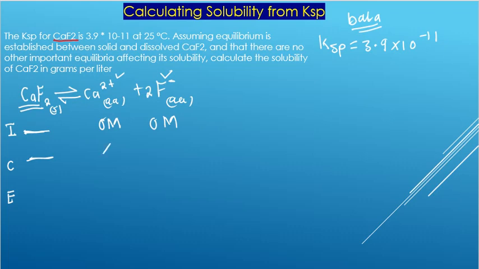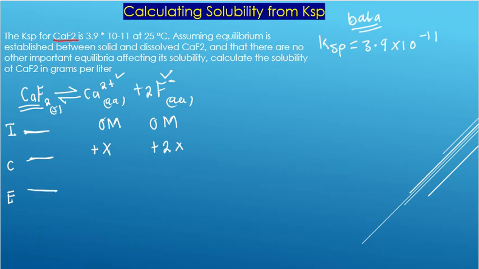Therefore, we say x. And of course, you don't forget to put your positive sign to show that it was favoring the forward reaction. In other words, there was an increase in the production of products, which are the ions. Even here we do the same because we do have 2 moles, we'll say plus 2x.